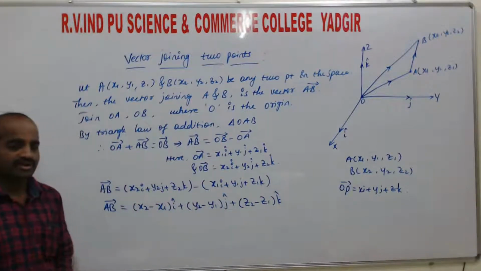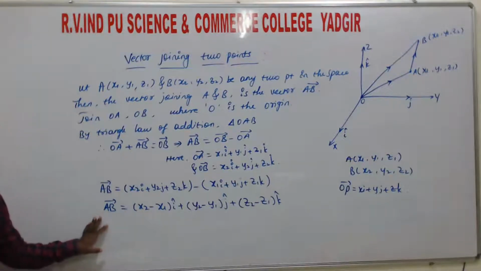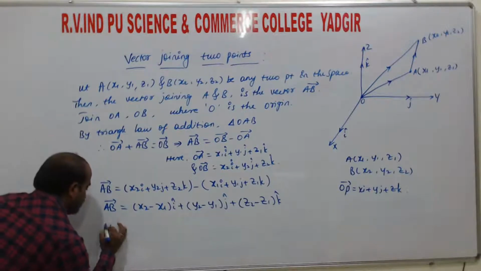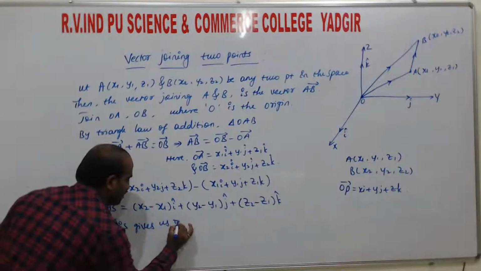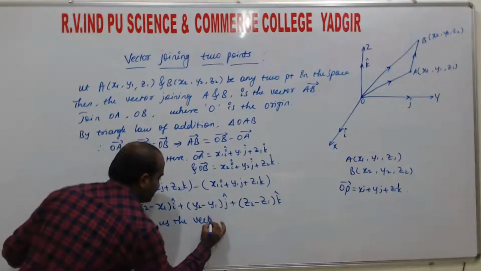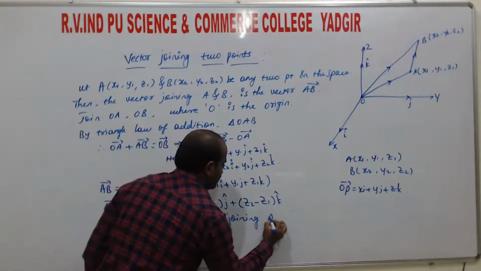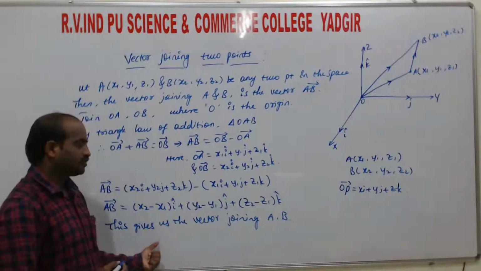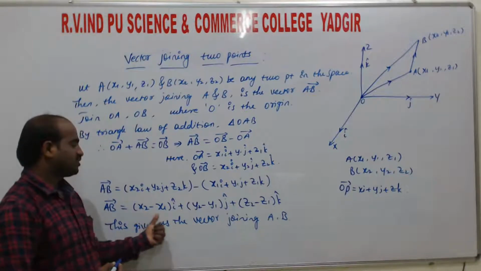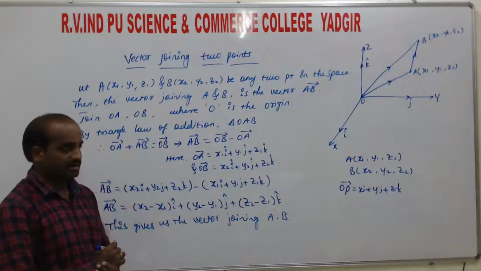This is the vector joining 2 points. This gives us the vector joining AB. The vector joining 2 points is (x2 minus x1)i plus (y2 minus y1)j plus (z2 minus z1)k.